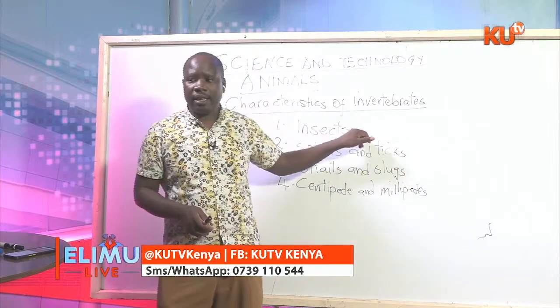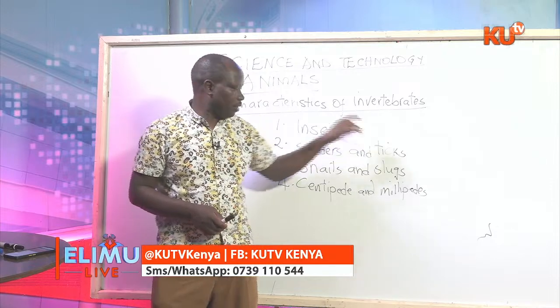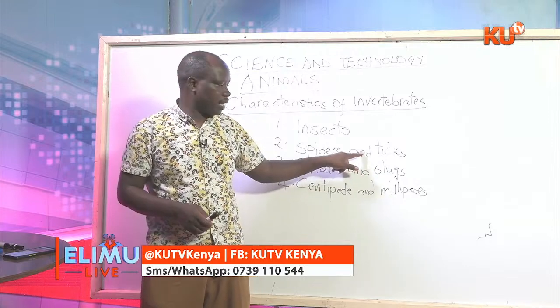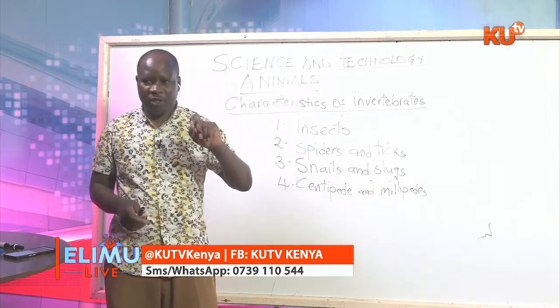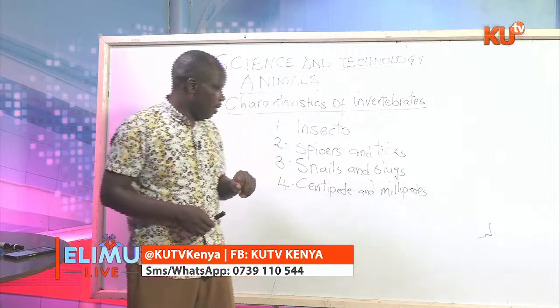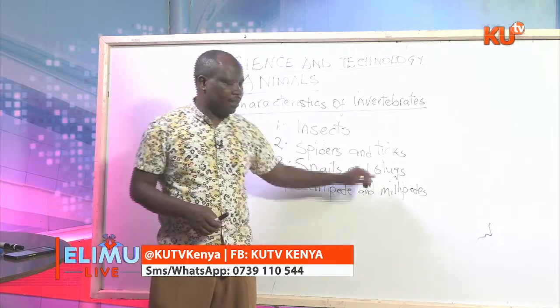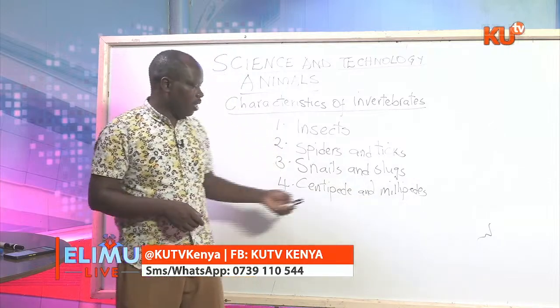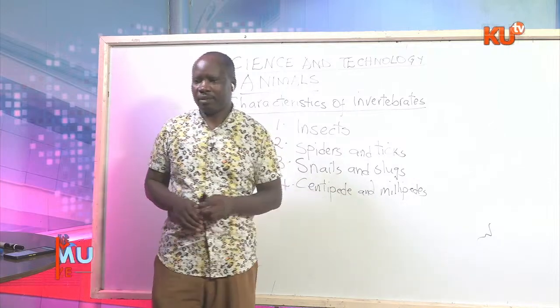So make sure here under insects, you have 5 characteristics. Under spiders, ensure you know the 4 characteristics, unless you want to add yours, which will be correct. Under snails and slugs, we also have 4 characteristics, which is similar to centipedes and millipedes.